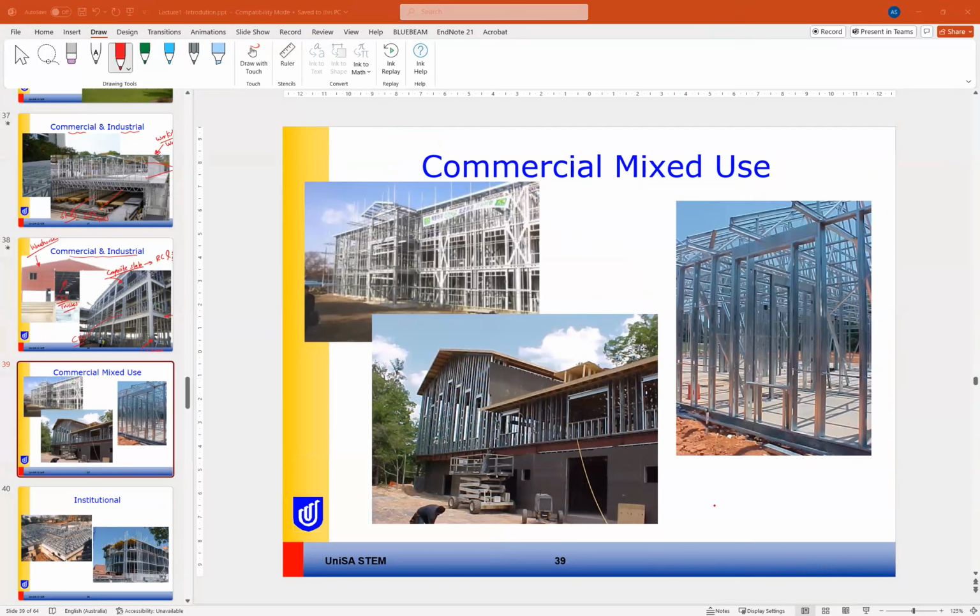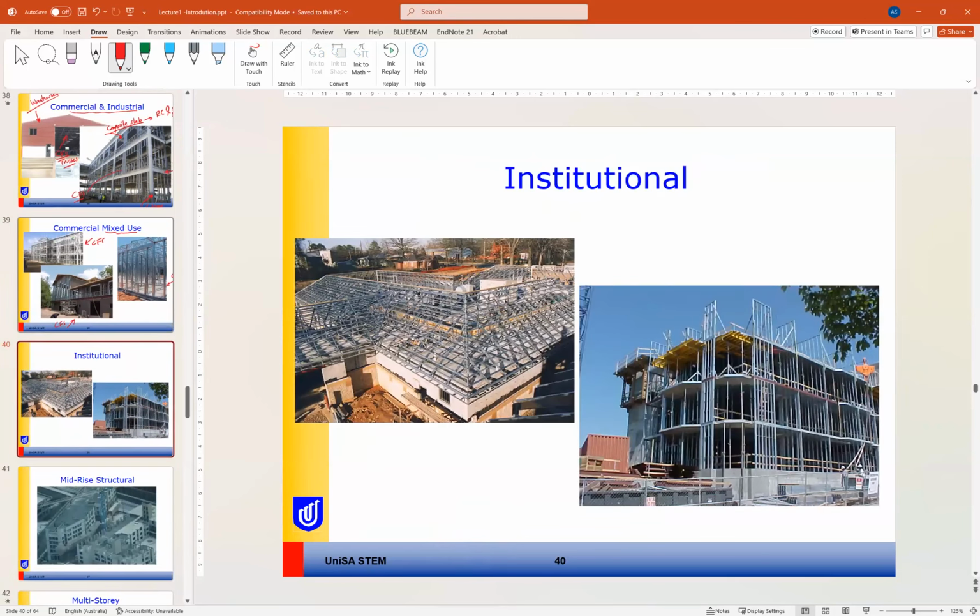So these structures are all from cold formed steel, and can be used for residential and commercial. So for example, like a shopping center, and we have another story, for example accommodation or a hotel or something like this. So that can be a commercial mixed use structure that can also be made from light cold formed steel sections.